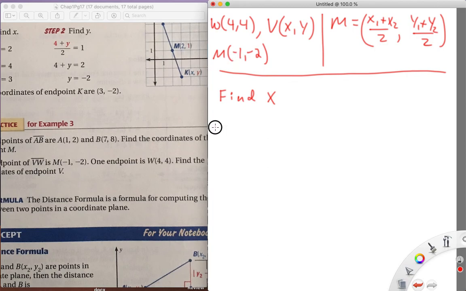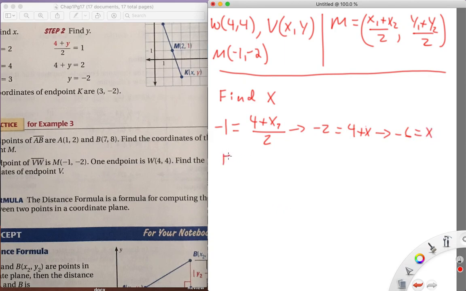So this is going to be my midpoint, and that's going to equal 4 plus x, if you want to call it x2, you can, it doesn't matter, over 2, right? And then we're solving for x. We multiply both sides by 2. That gives me -2 equals 4 plus x. Subtract both sides by 4, and then -6 equals x. So we found the x coordinate.